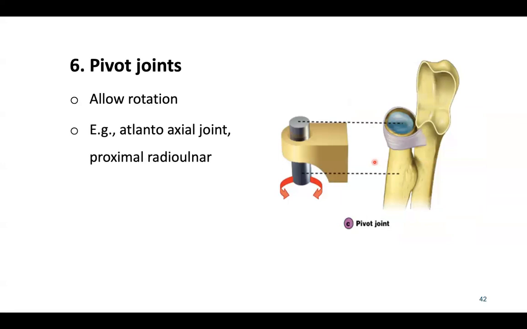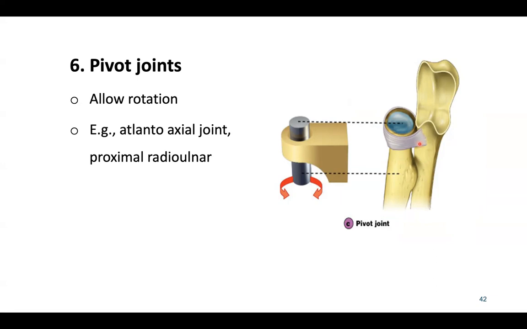The last type of joints are pivot joints. In a pivot joint, the end of one bone is surrounded by a ligament from another bone. Pivot joints only allow rotation, so they are uniaxial joints.